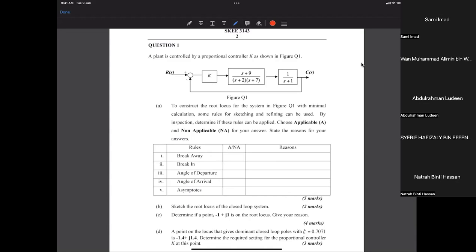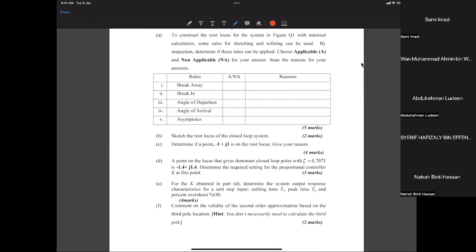B, sketch the root locus of the closed loop system. C, determine if a point -1 plus j1 is on the root locus. Give your reason. A point on the locus that gives dominant closed loop poles with zeta 0.7071 is -1.4 plus j1.4. Determine the required setting for the proportional controller K at this point.